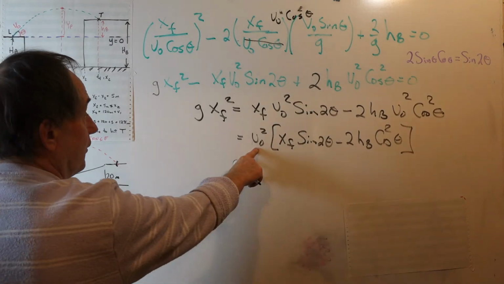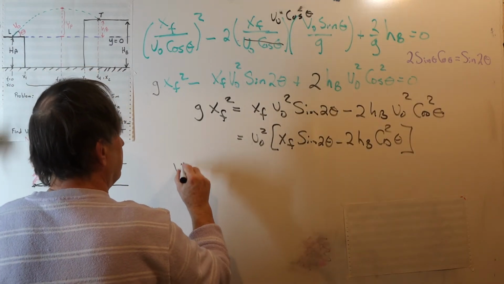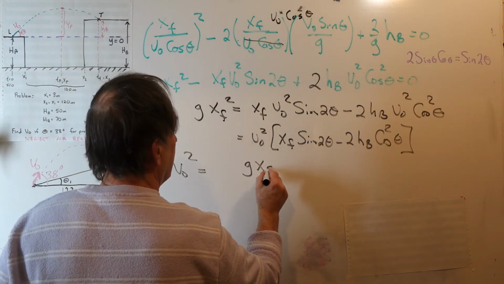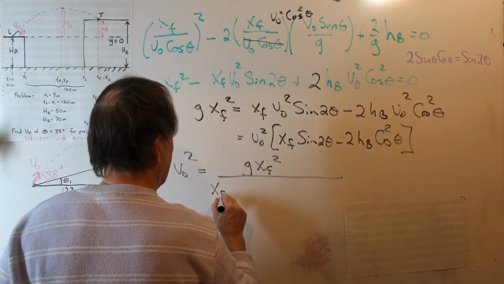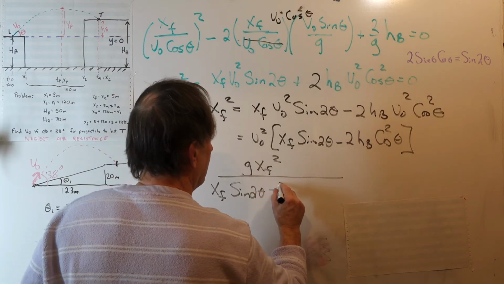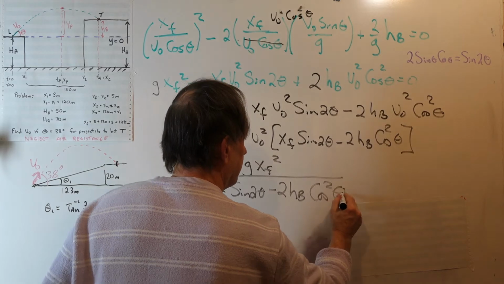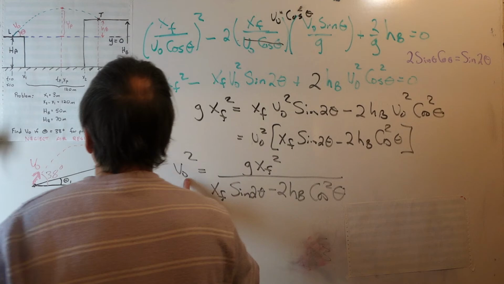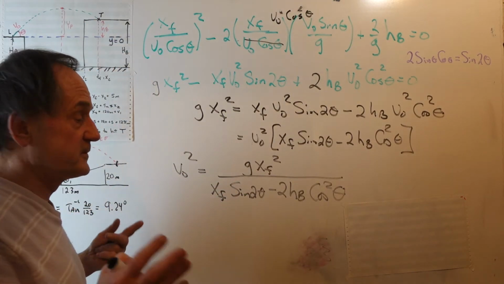Now, what we're looking for, remember, is V0. So, solving for V0 squared, this is equal to g xf squared divided by xf sine 2 theta minus 2 hb cosine squared theta. So now we have an expression for V0, the initial velocity that we need to shoot the projectile at, in terms of known quantities.